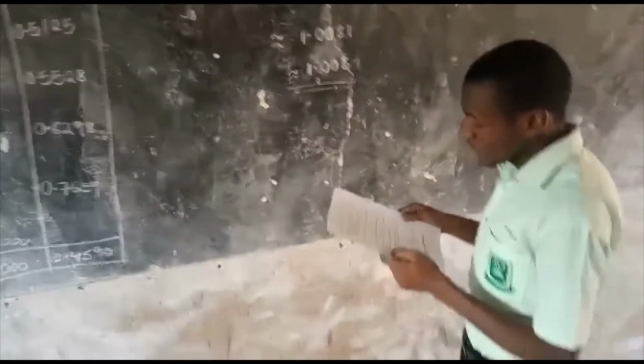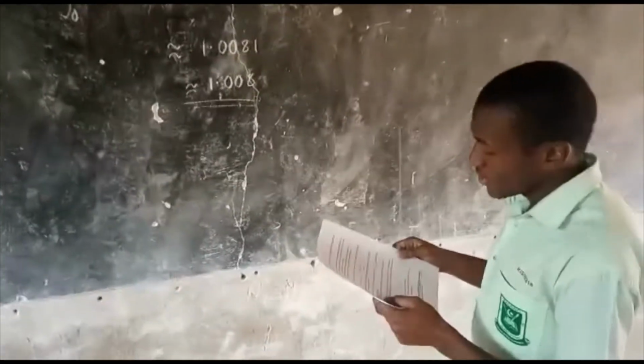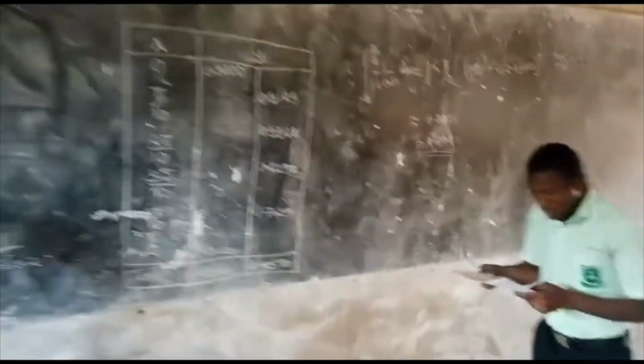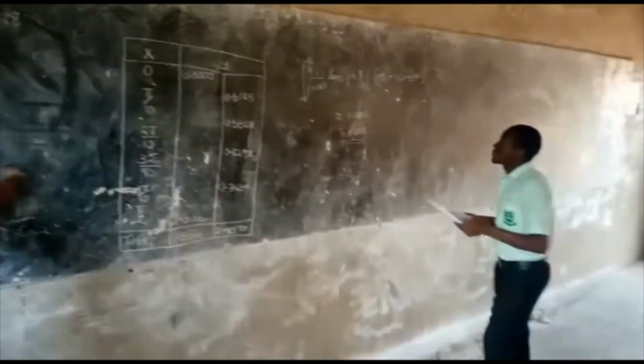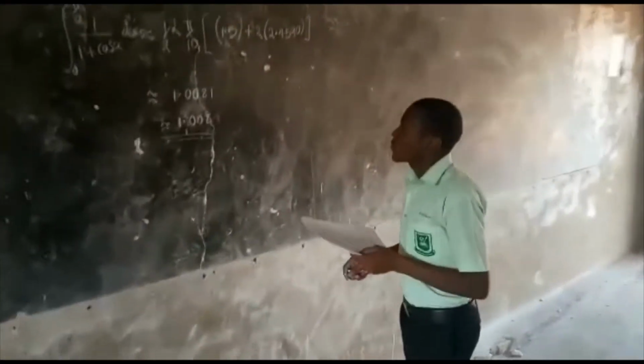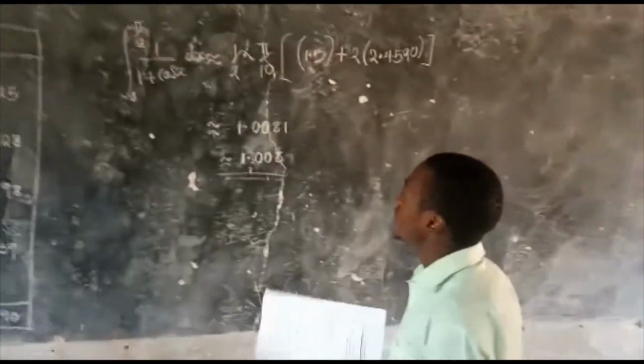I'm going to discuss number 18b, which says: calculate the percentage error made in the approximation in (a) above. The trapezium rule will give us the approximated value, which is the same as the estimated value.